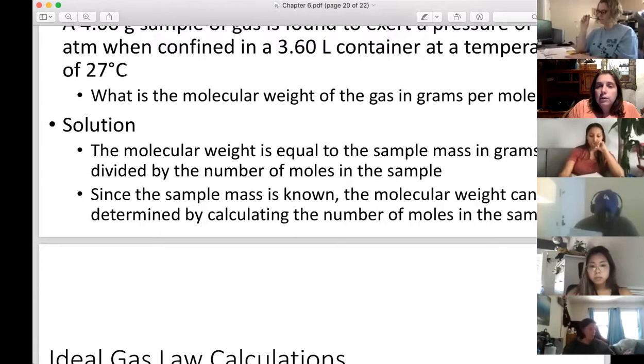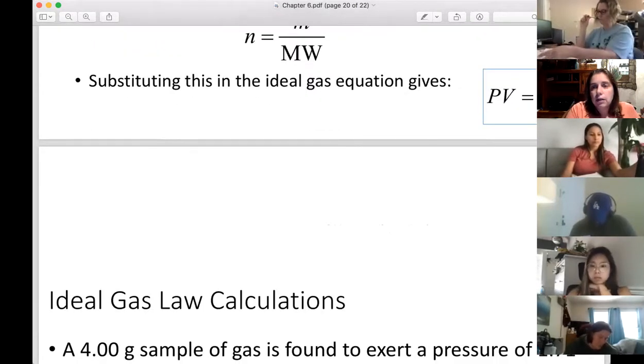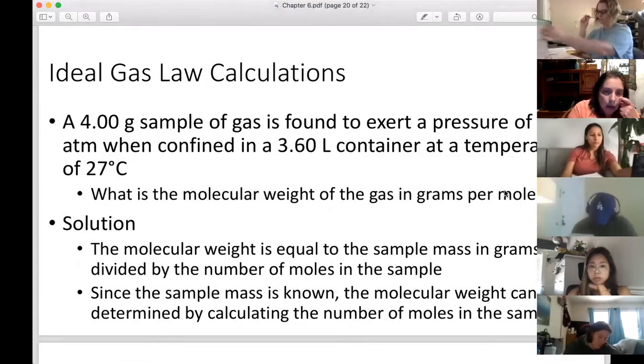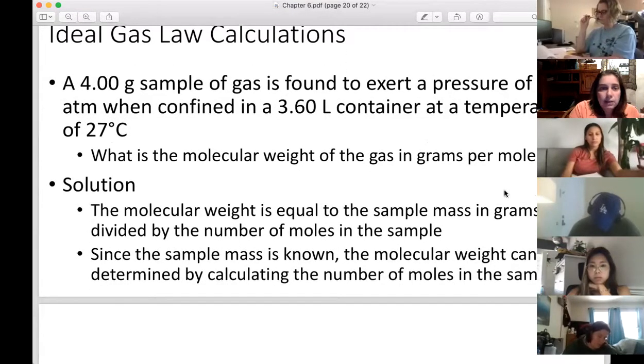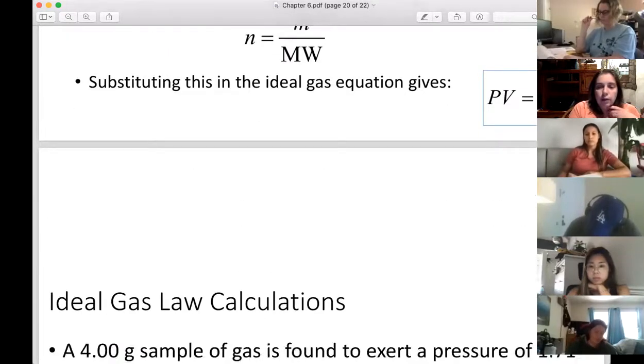The molecular weight is equal to the mass of the sample in grams divided by the moles. So we can take PV equals nRT and import this into it. And since the mass of the sample is known, we're told we have 4 grams of it, we can already put the m here. All we have to do is solve for the molecular weight then.